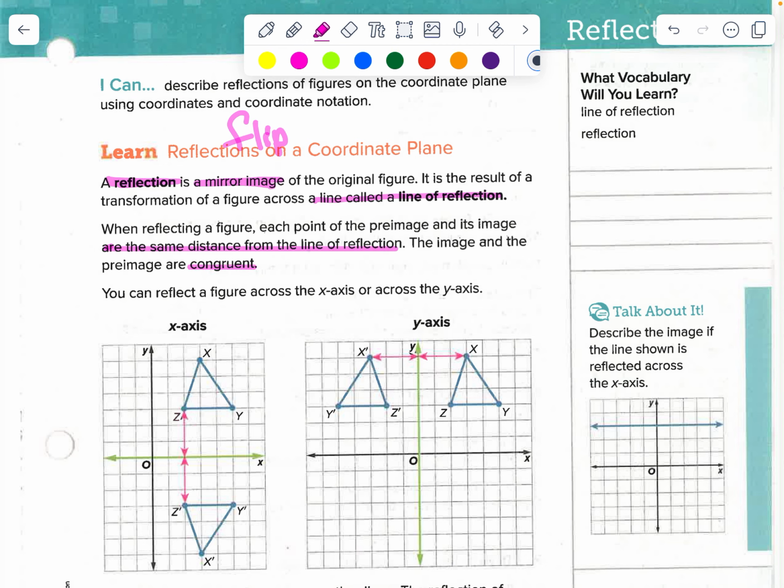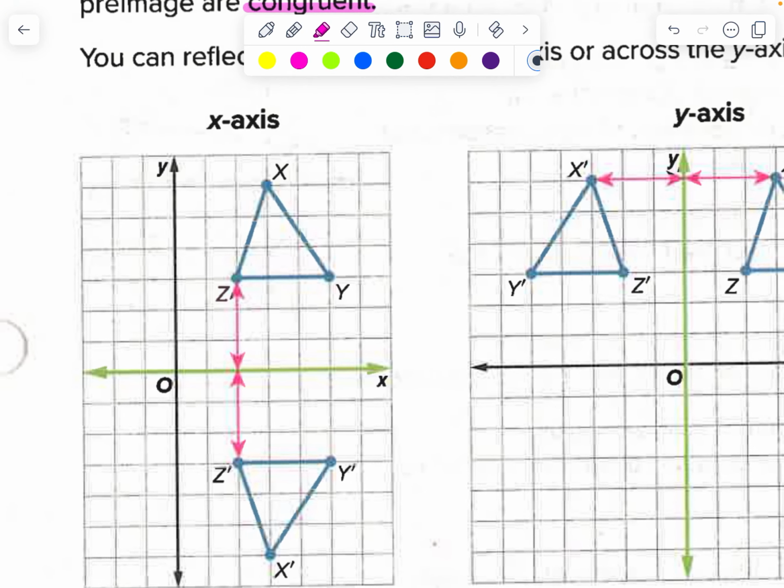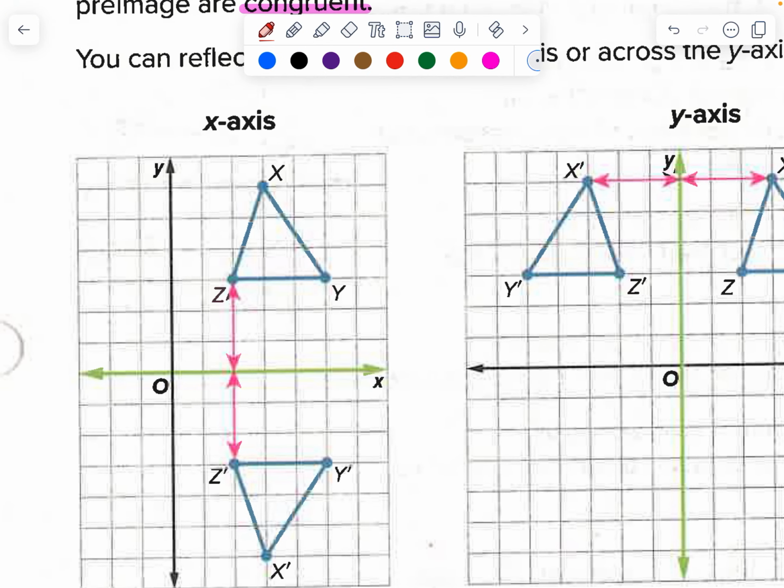Okay, so when it tells you that you're going to reflect over the x-axis, remember that this is your x-axis. If I look at Z, it is 1, 2, 3 away from the x-axis.